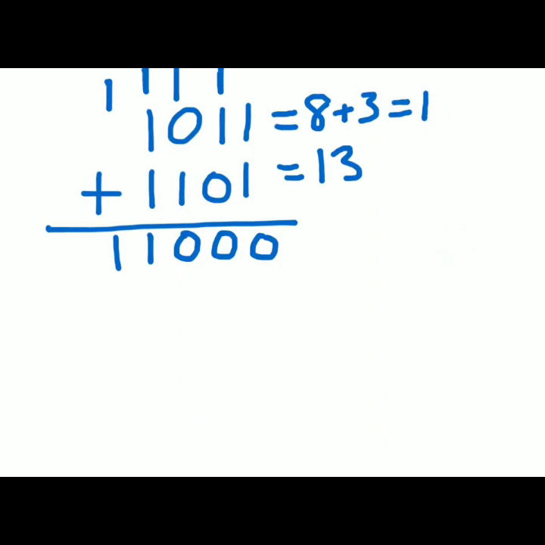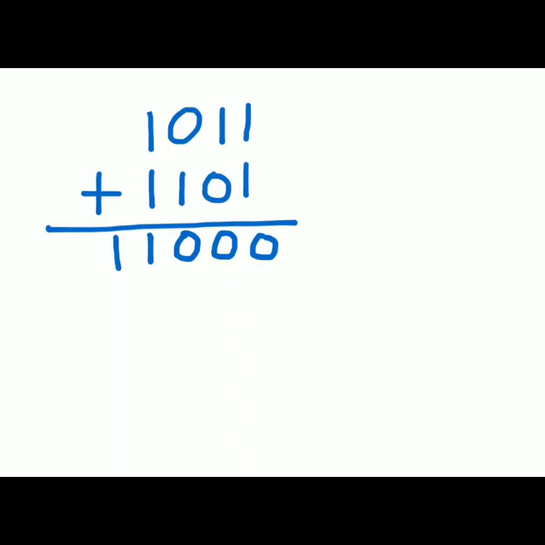So let me recap the rules. All you have to remember is that if a column has all zeros, you drop down a 0. If a column has a 1 and a 0, you drop down a 1. If a column has two 1s, you carry a 1 and then you drop down a 0.